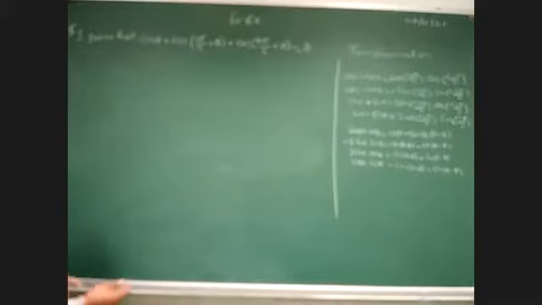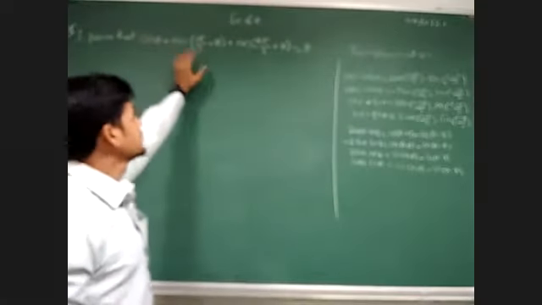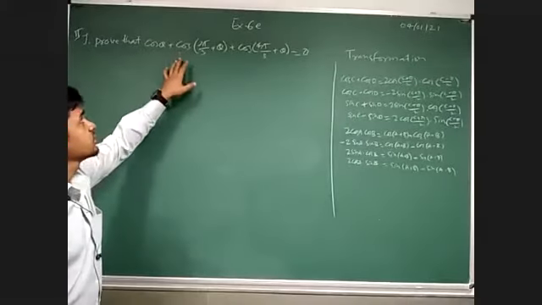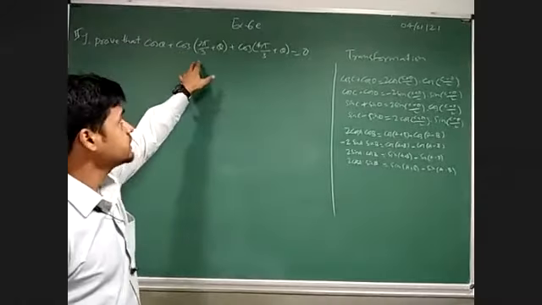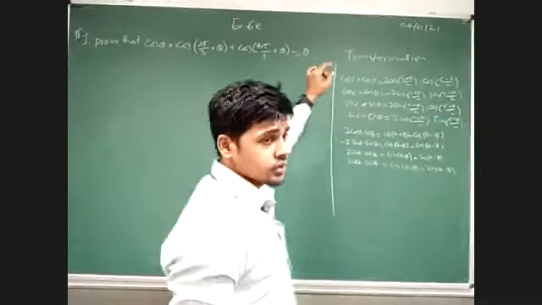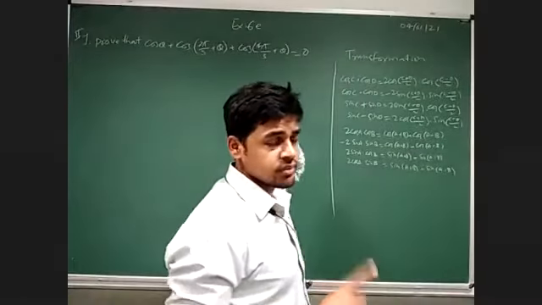Now just see here, what we have to prove is given. We have cos theta plus cos something plus cos something. So we can solve this question by two methods.